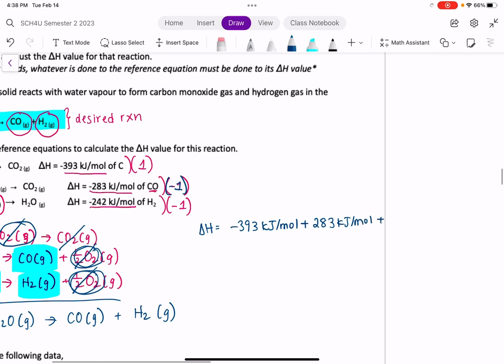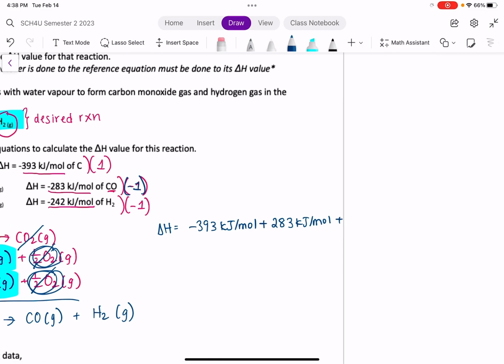And then same thing for my third reference equation, negative and a negative, 242 kilojoules per mole.